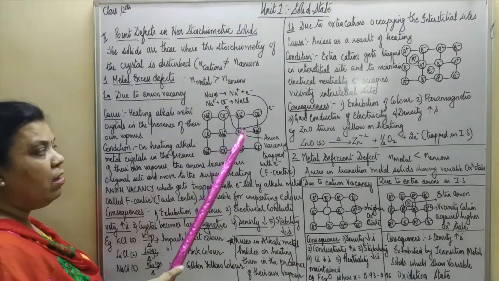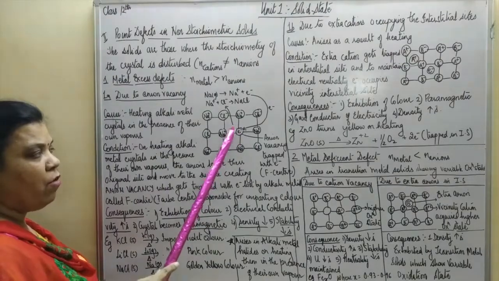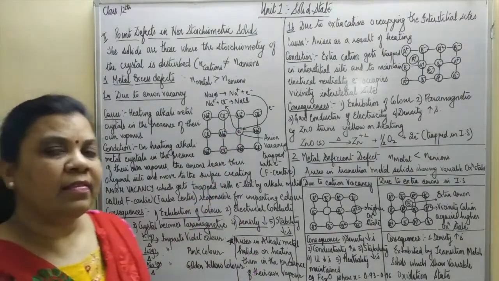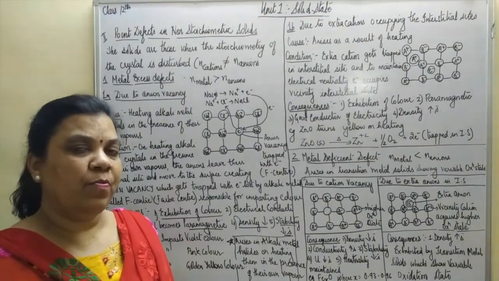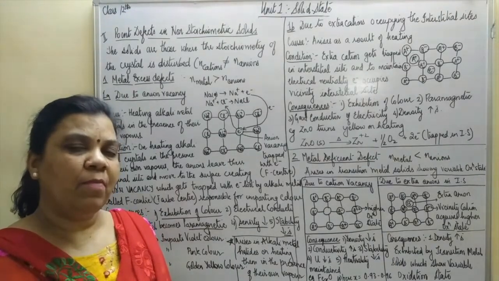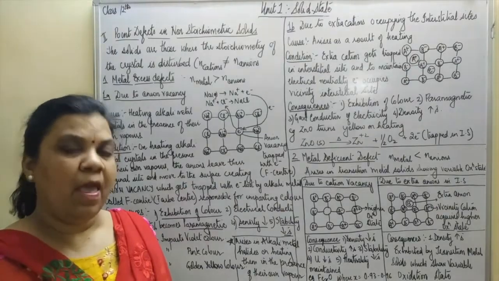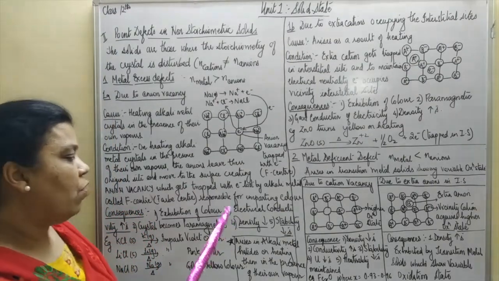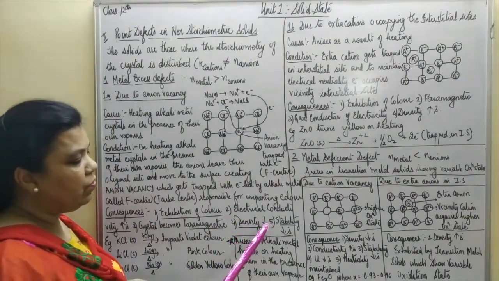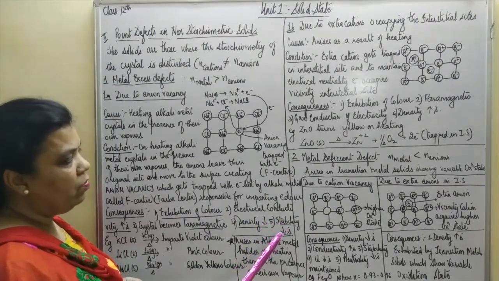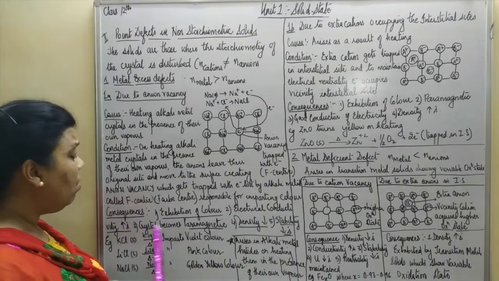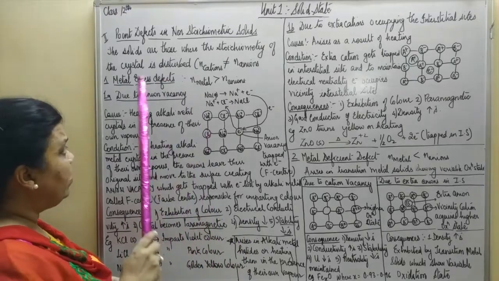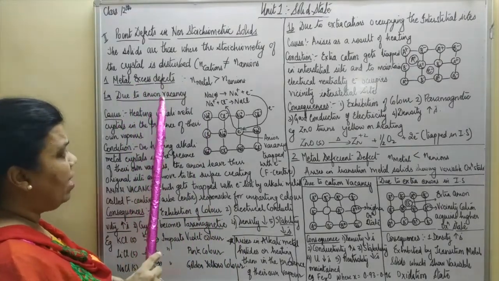Because here the anion has left from its original site, and this site is trapped by an electron of very negligible mass, 9.1 × 10^-31 kilogram, and therefore mass per unit volume decreases, hence density also decreases and stability also decreases. So these are the consequences of the metal excess defect developed due to anion vacancy.